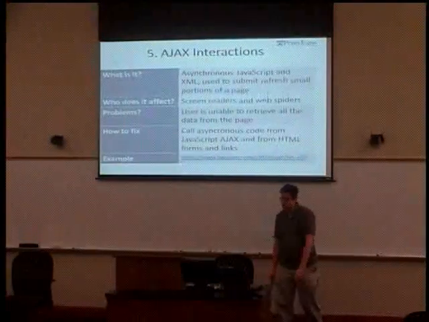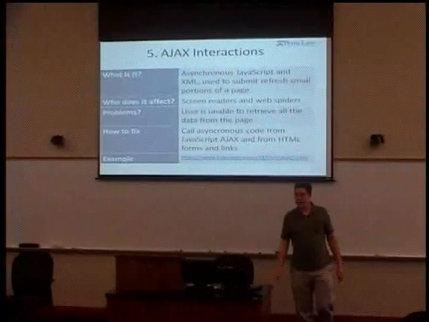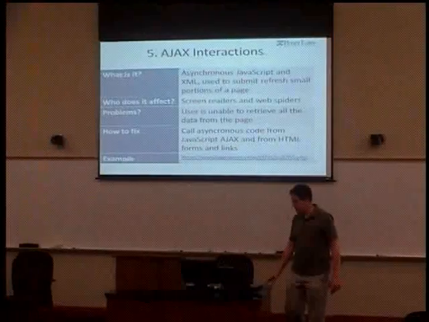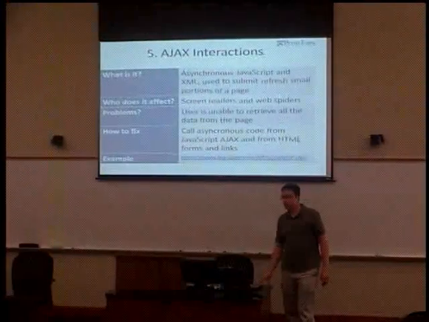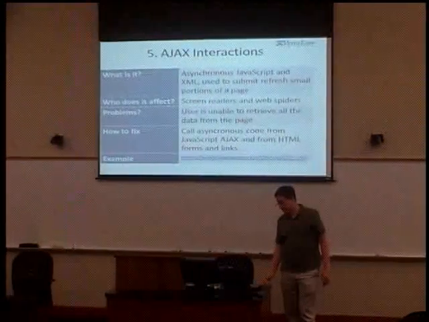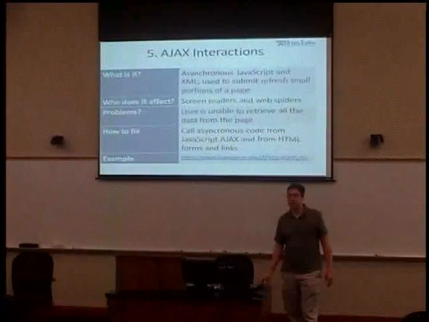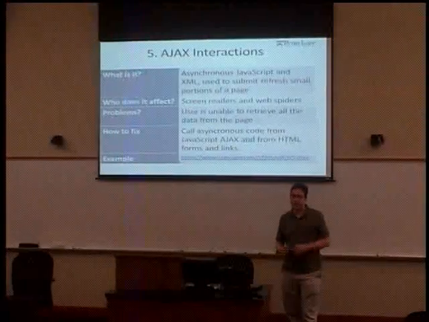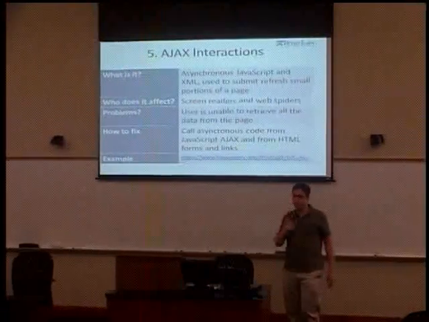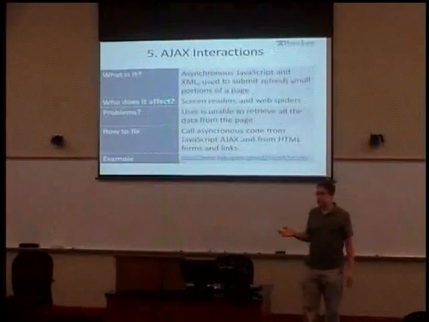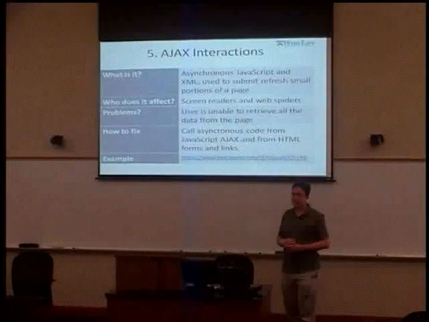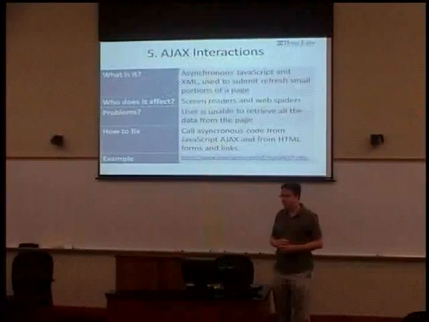So to fix it, you want to have your AJAX code being called from both your JavaScript and your HTML forms and links. So when you have a form or a link, you submit it back to the server. That, in turn, you can pass along a variable saying, I'm coming from a form, I'm not coming from AJAX.